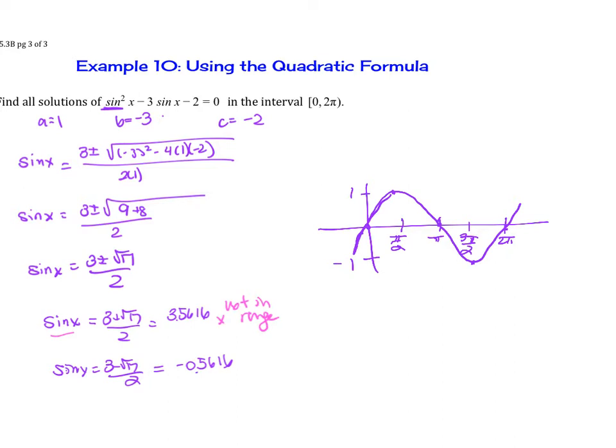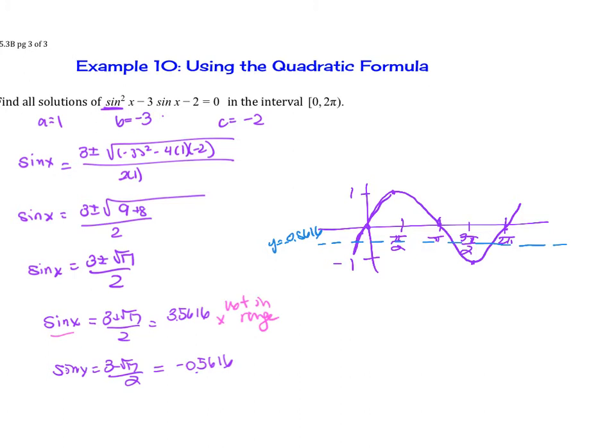Note that sine of x is really y, equals 3.5616. That is all the way up here, right? So it's not even within our range. That's what that means. But negative 0.5616 is. And so that is our y, negative 0.5616. That is somewhere in here. So this line is y equals negative 0.5616.